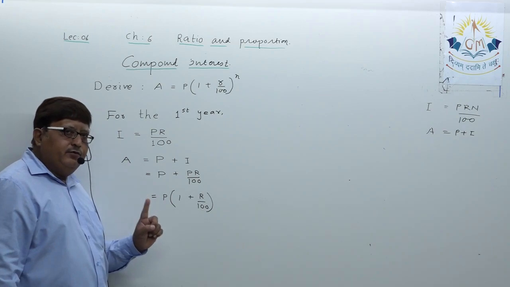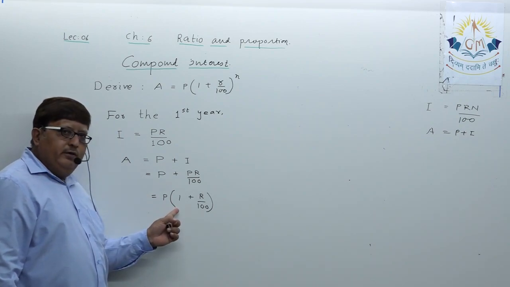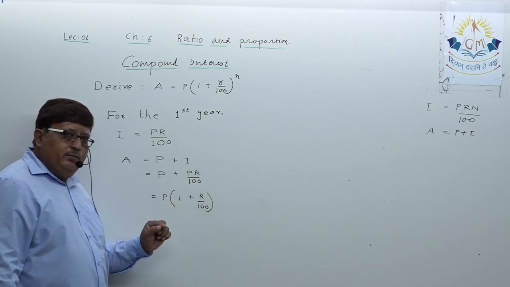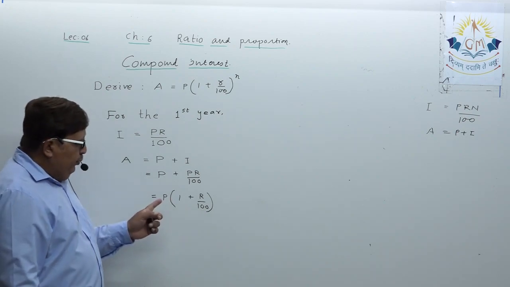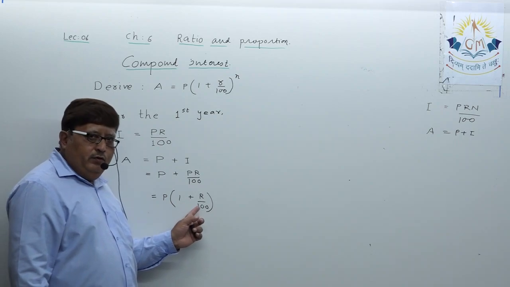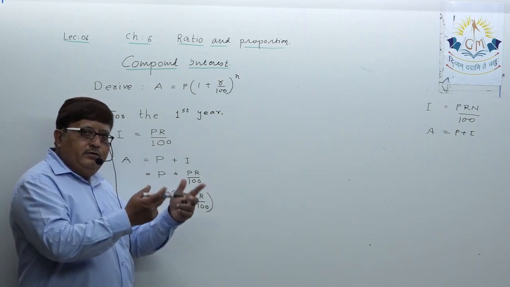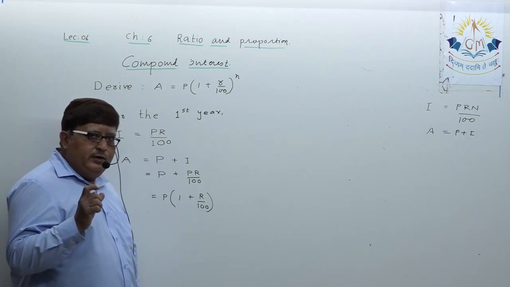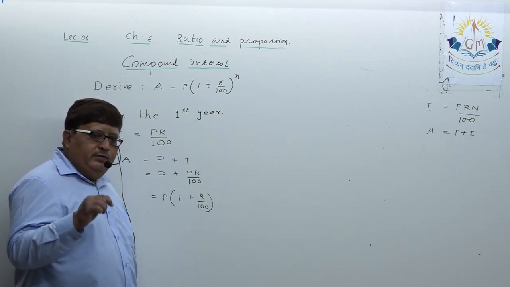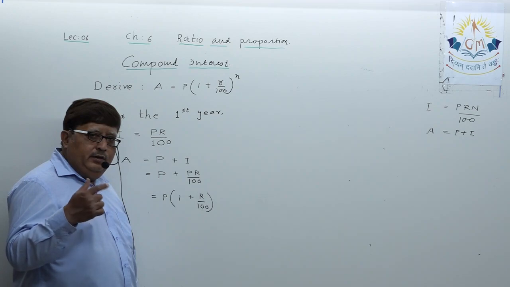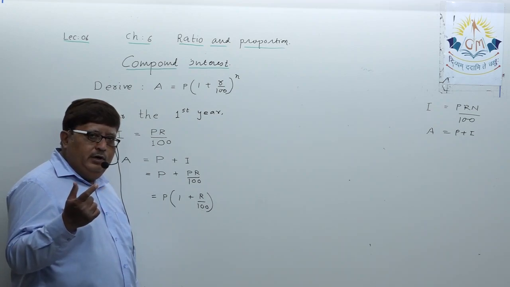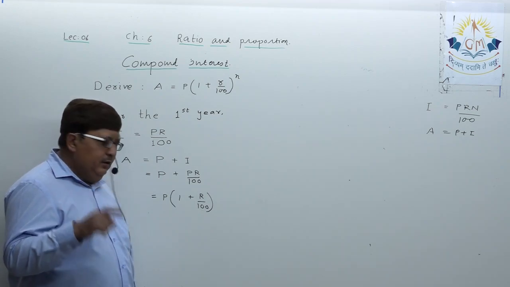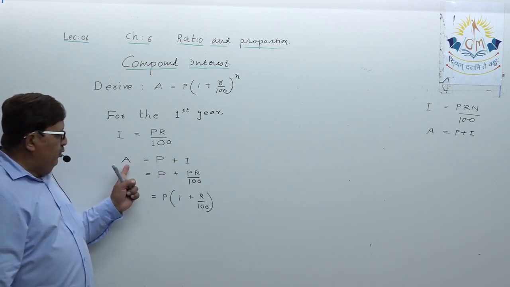And dear student, this amount will become the principal for you in the second year. We spoke, no? In compound interest, what I told you, principal increases every year by addition of interest.